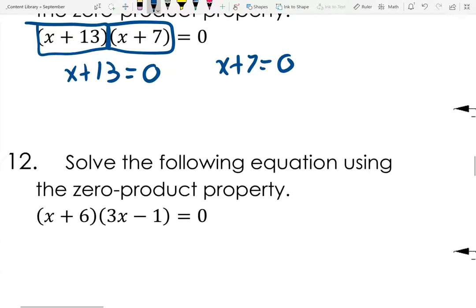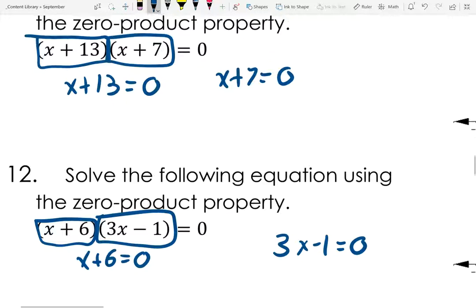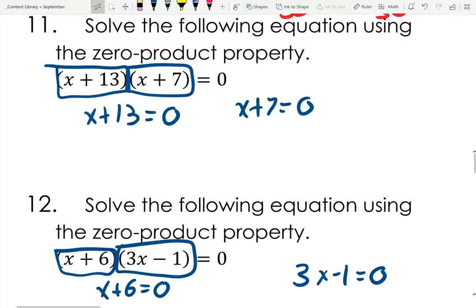And just to show the consistency, the next problem does the same thing. You take each piece and set each piece as its own equation equal to 0. So you'd have x plus 6 equal to 0 for that one, and then also 3x minus 1 equal to 0 for that one. Okay, but let's focus our attention back here at 11. We'll get back to number 12.